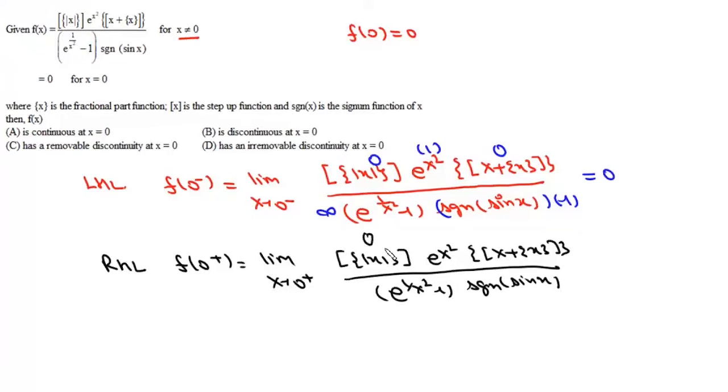Now again this is 0, and this is 1. This again is infinite, and when x is positive, sin x is positive, so this is plus 1. So again it will be 0. So for this function, f(0) is equal to f(0 negative), and it will be equal to f(0 positive). So this function is continuous at x equals to 0.